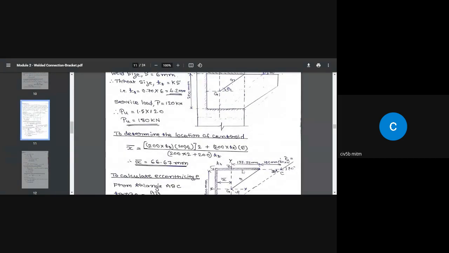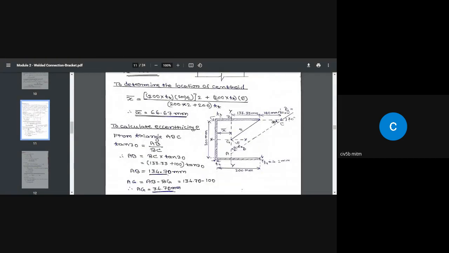Everything is 200, so 3 times 200 multiplied by the throat thickness will give you the throat area. So design load divided by the throat area will give you the design stress F1 in Newton per millimeter square.